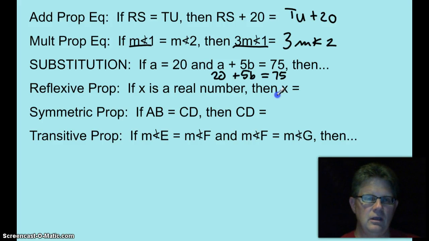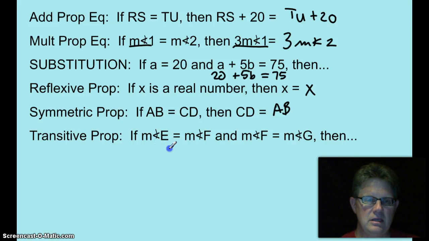Reflexive property. If x is a real number, then x equals, well, duh, x. Reflexive property, anything equals itself. Symmetric property. If AB equals CD, then CD equals, that's right, you guessed it, AB. And then the transitive property.